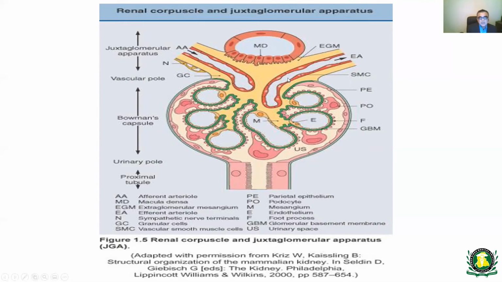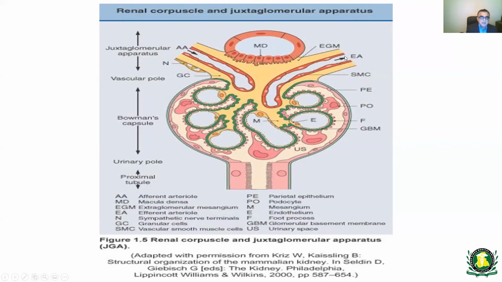So when angiotensin is secreted, angiotensin is a potent vasoconstrictor. It causes vasoconstriction of this efferent arteriole. ACE inhibitor will block the production of angiotensin 2, and thereby angiotensin will not be able to cause vasoconstriction. So in a sense, it will cause dilatation of the efferent arteriole.